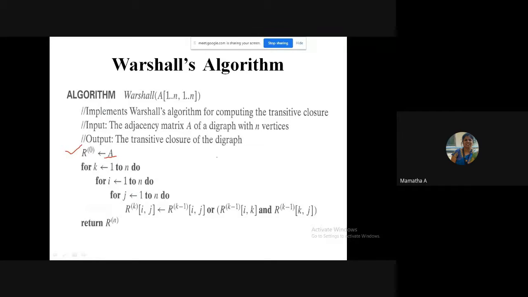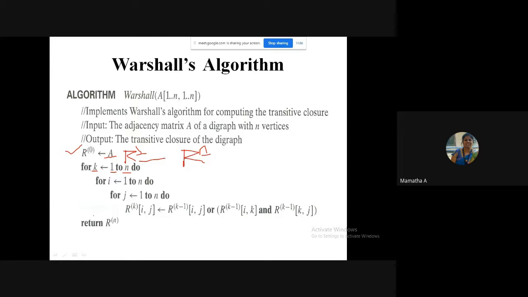So I just put one for loop. What is that for loop? The value of k should start from where? 1 to n, because I have to generate the matrices R1 to Rn. K ranges from 1 to n.